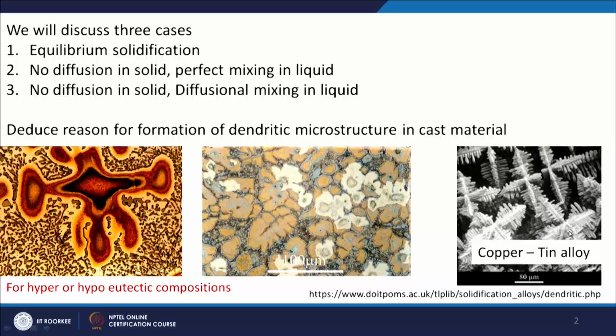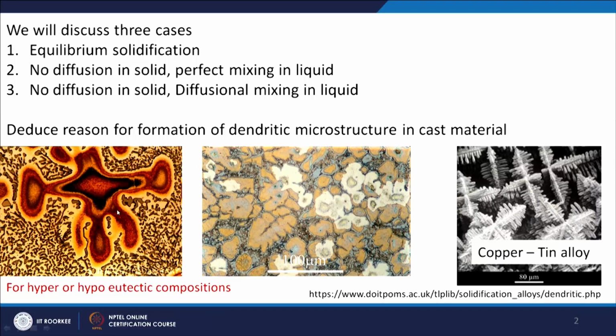So basically we will discuss three cases here. The first is equilibrium solidification. The second is no diffusion in solid but perfect mixing in liquid. So in the liquid portion we will keep doing some stirring, some mixing, and in the solid there will not be any diffusion. Why no diffusion?